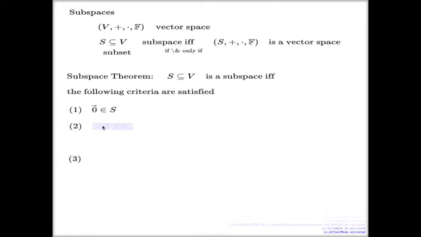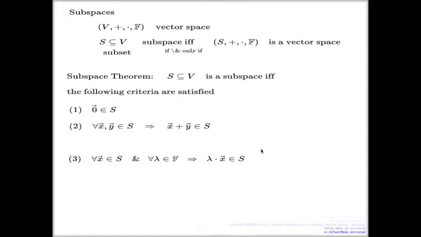The second one says if you take 2 elements of your proposed subspace, then when you add them up, and you can add them up because these elements are also from this larger vector space, which we are given is a vector space, the sum must be in the subset as well, or in the proposed subspace. And the third one says whenever you take a vector and whenever you take a scalar, if you scale that vector with a scalar, you will end up in the subset again.